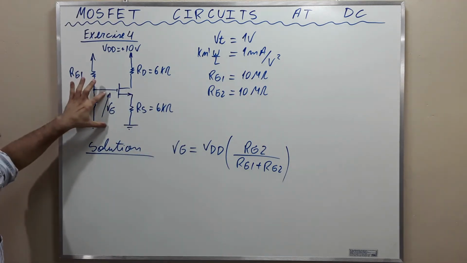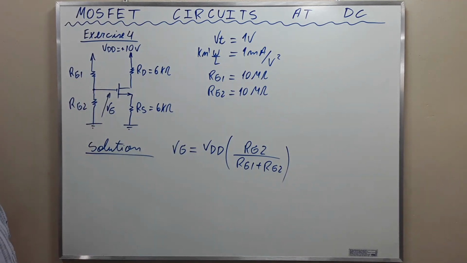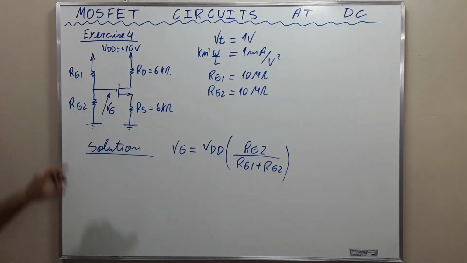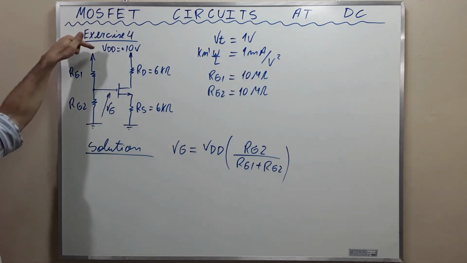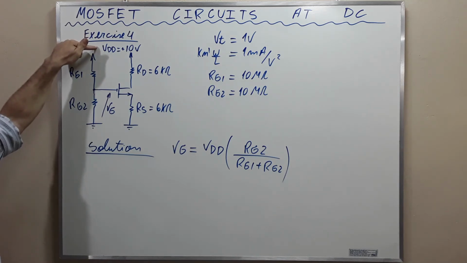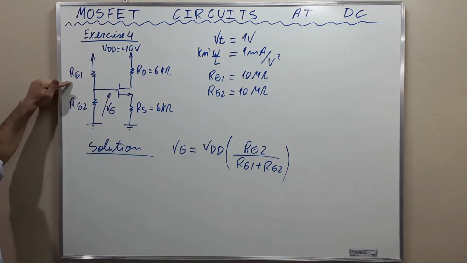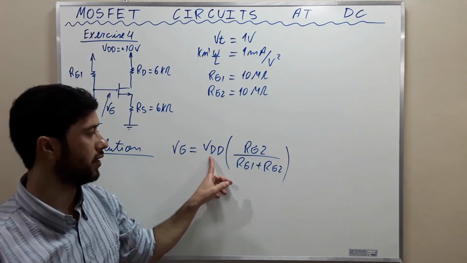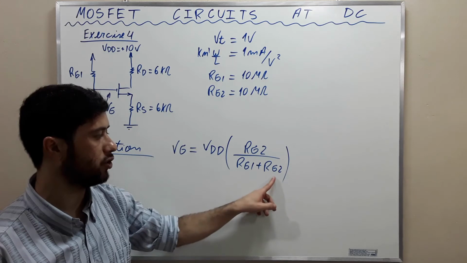To find this voltage here, first of all, what is going to be the current? Just to get you a gist of this, the current is going to be VDD divided by Rg1 plus Rg2.